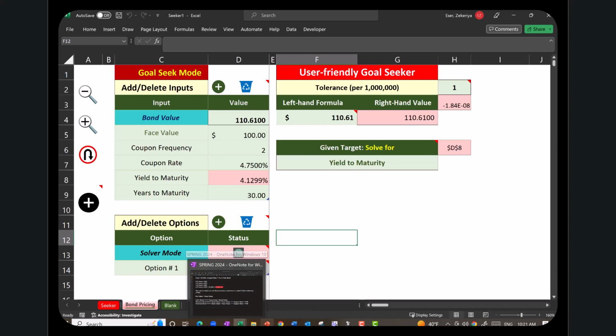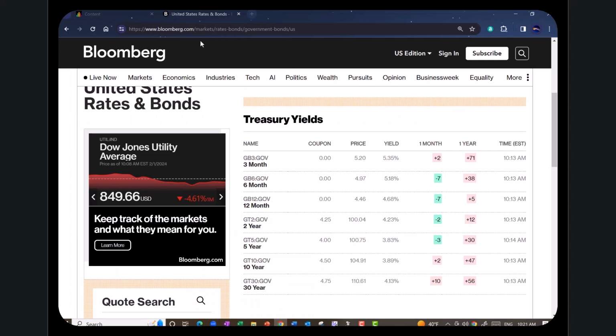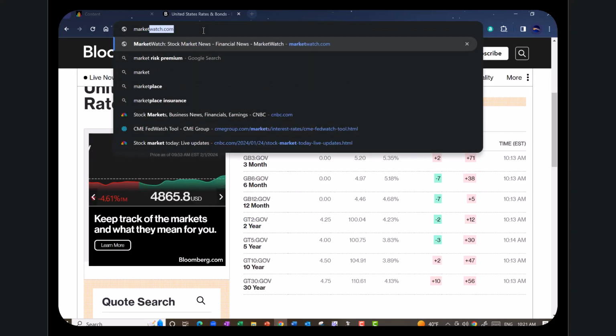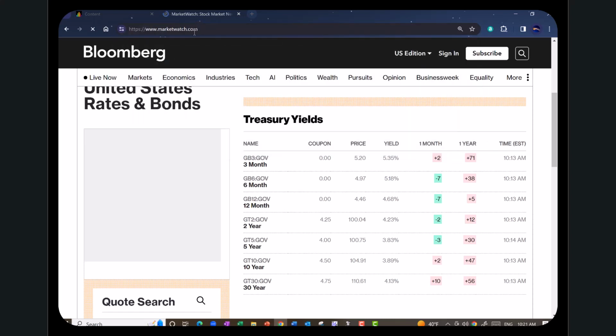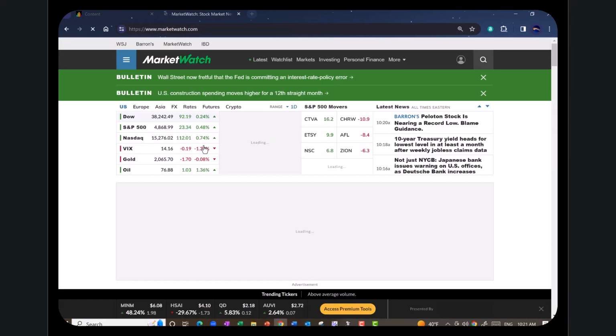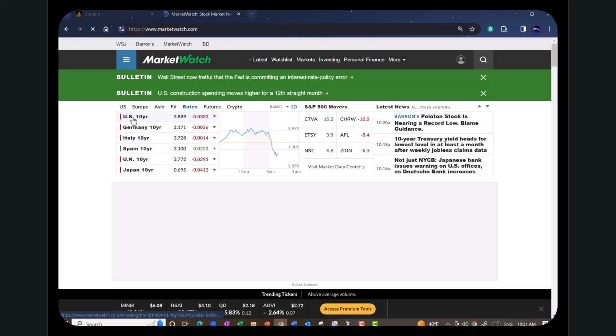Let me see. If we go to marketwatch.com, and let's pick rates. Let's do US. Even though it's 10 years, in the page that comes, we have a yield curve.